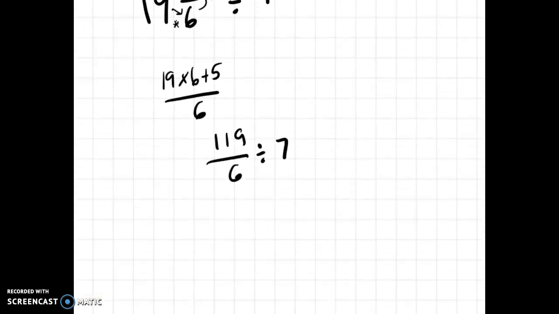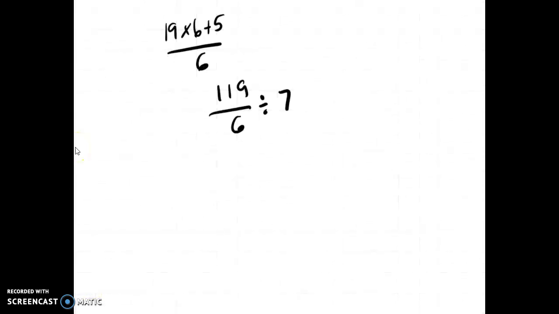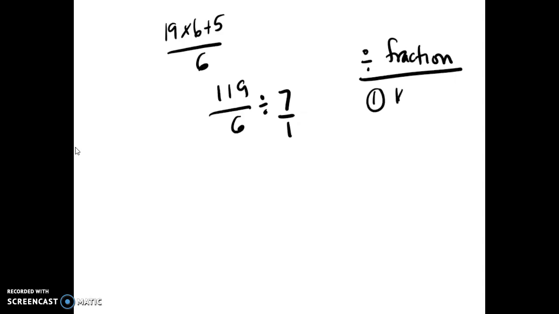Because I'm trying to get the average per day. Now, when I divide fractions, and I can make any whole number a fraction by putting it over 1, I'm going to follow these steps. Keep the first fraction the same, so 119 over 6.